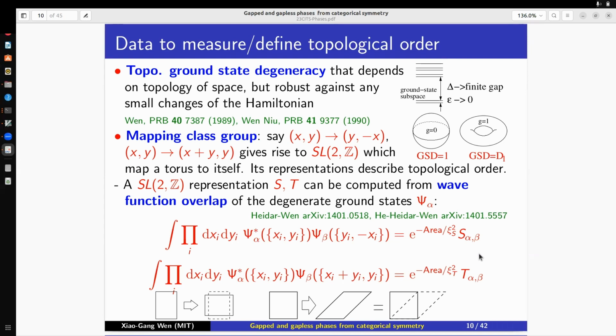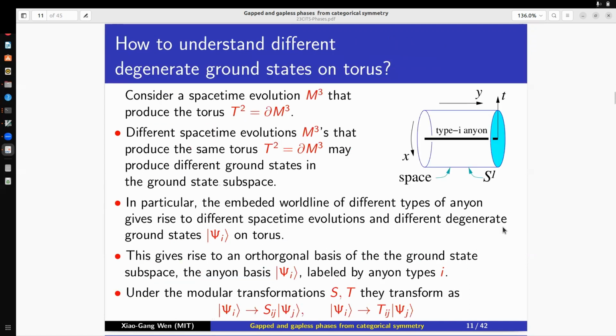So under conjugation by a unitary matrix, the ST matrix should be equivalent. But actually, no. The ST matrix does have a special choice of basis. And this special choice of basis is related to this understanding of the degenerate ground state.